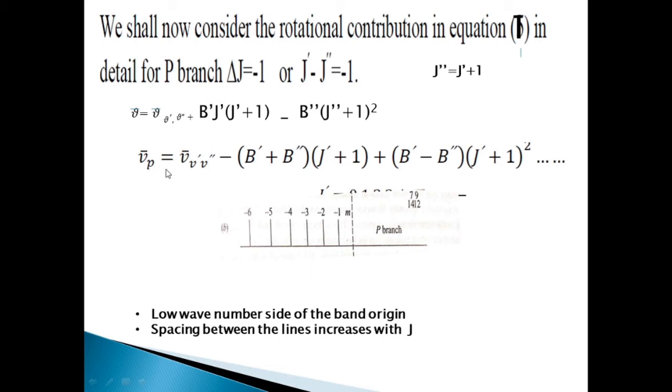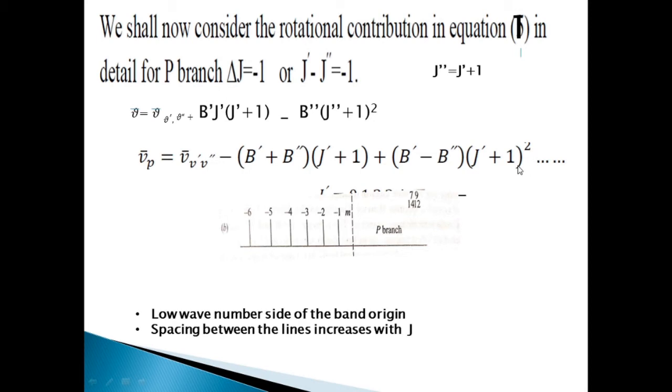The equation for the P line is nu bar equal to nu prime minus nu double prime, minus B prime plus B double prime into J prime plus 1, plus B prime minus B double prime into J prime plus 1 whole square.